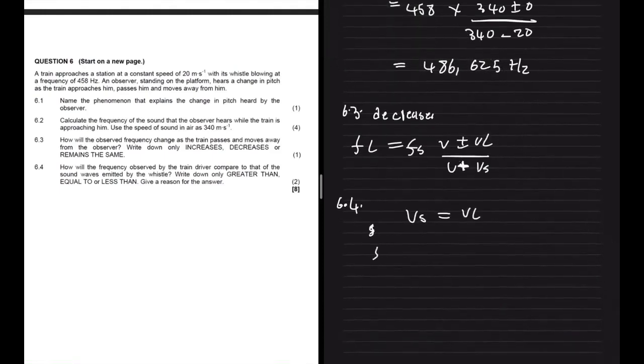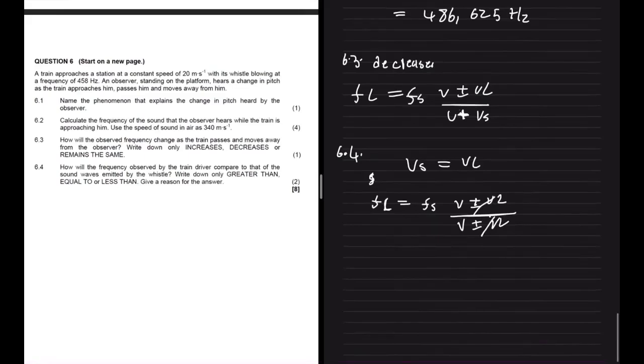If we put that into the equation, we get FL equals Fs times V plus or minus VL, divided by V plus or minus VL again, because Vs is the same as VL. So in this case, the numerator and the denominator are going to cancel out and we're going to have FL equals Fs. So for 6.4, it will be equal to.